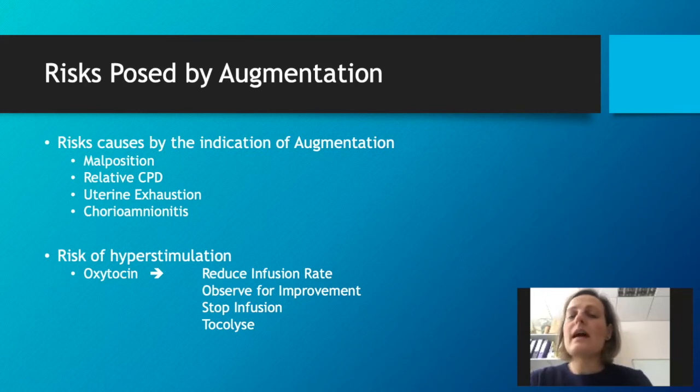So starting oxytocin in active labor in women in spontaneous labor will not change mode of delivery. It makes it quicker, by an average of 2 hours, but you need to think at what cost.